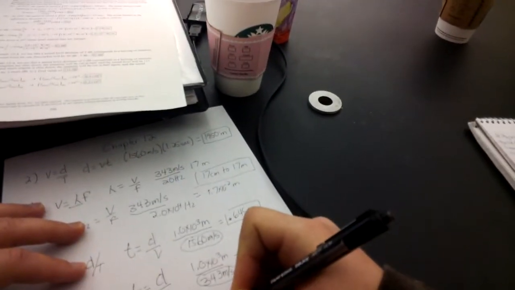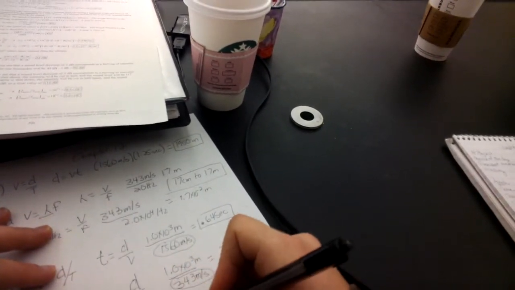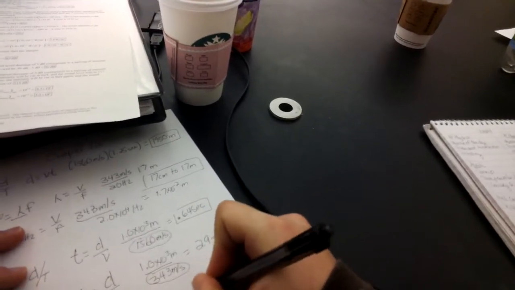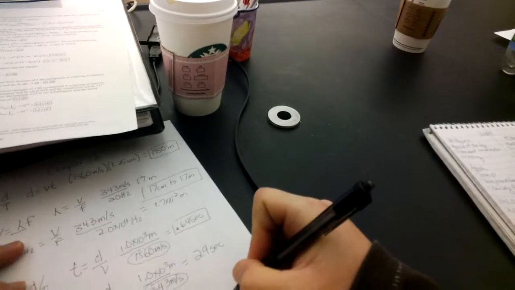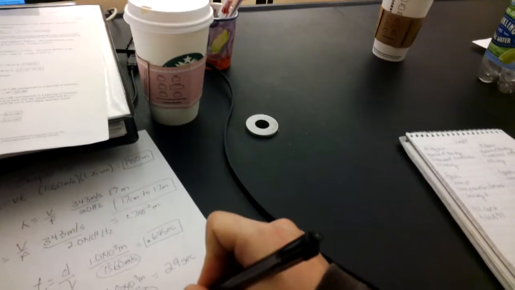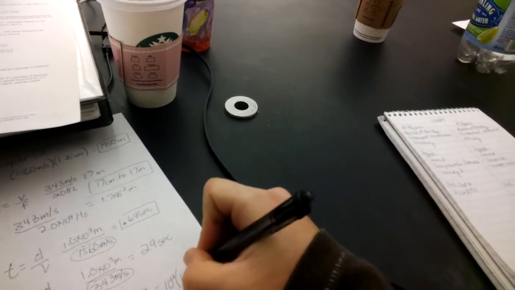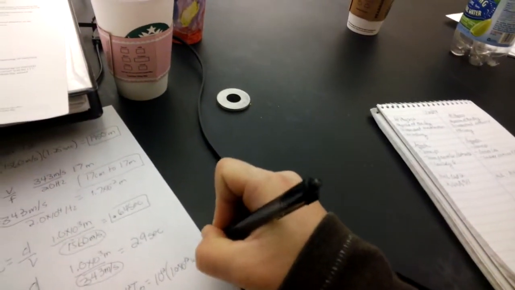So we're going to look at the difference between these. The intensity at 120 is going to equal 10 to the 12th times the initial intensity, which is 10 to the 12th times 1.0 times 10 to the negative 12 watts per meter squared.